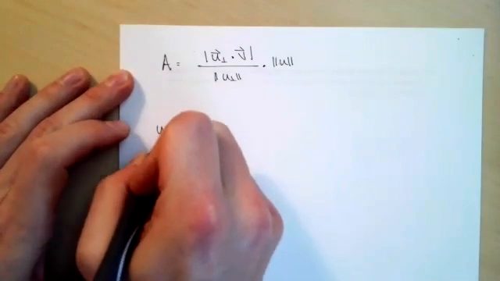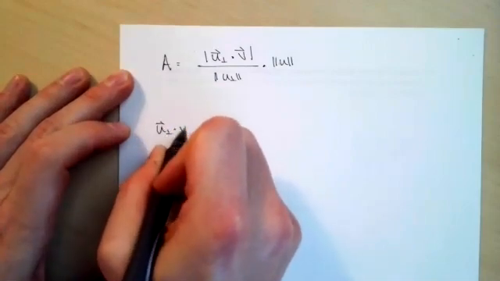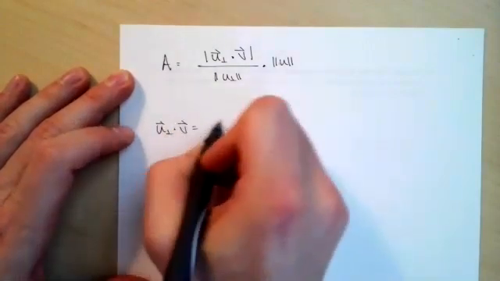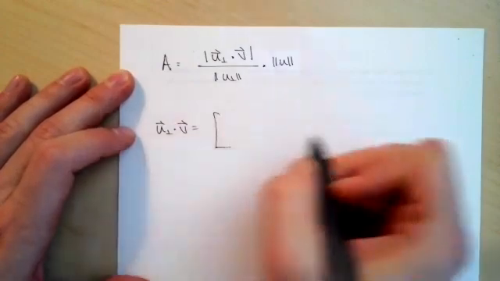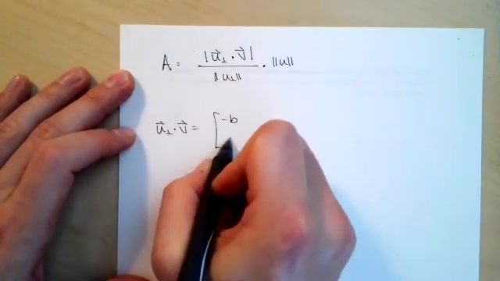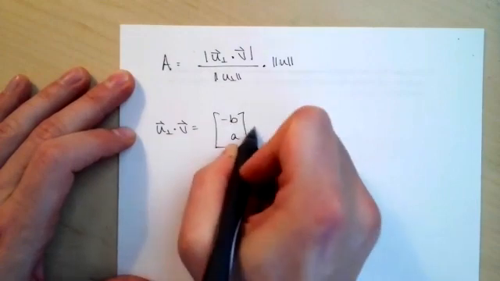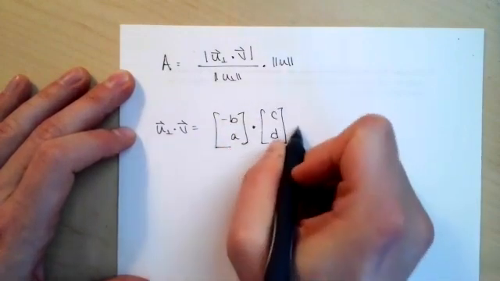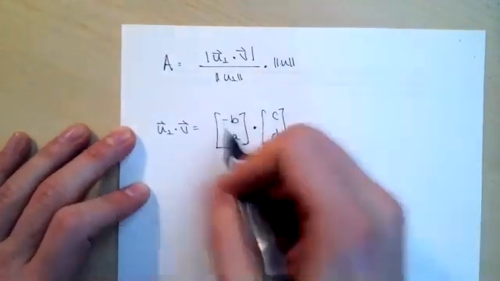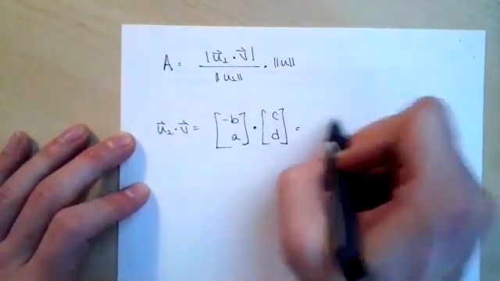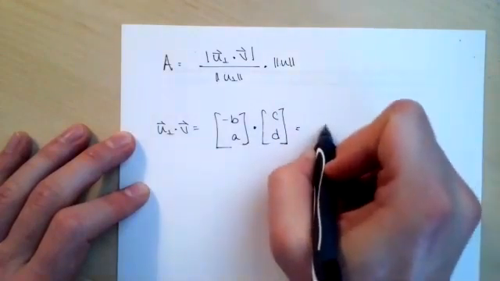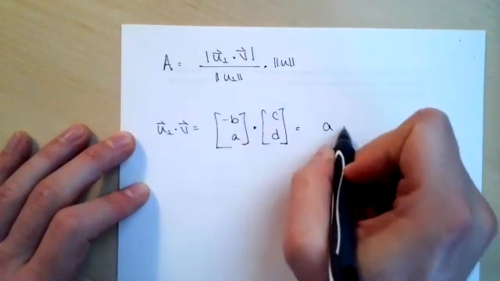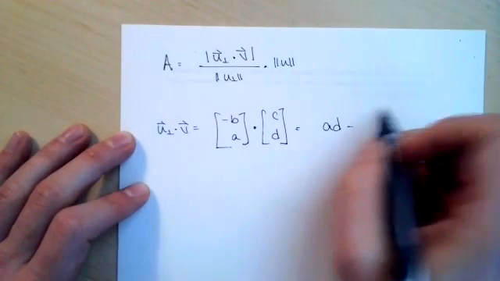So our u perpendicular dot v, well, we're taking a dot product of minus b a dot cd. And so we're going to get negative BC. So I'm going to write it as AD minus BC.